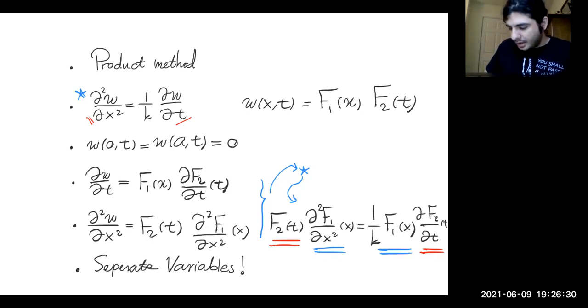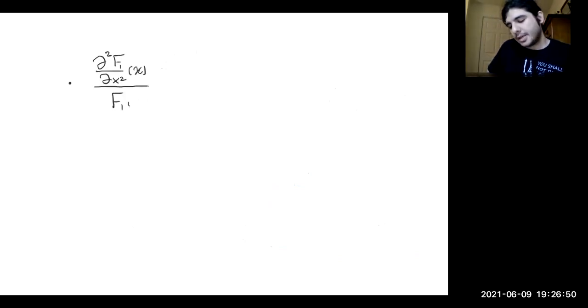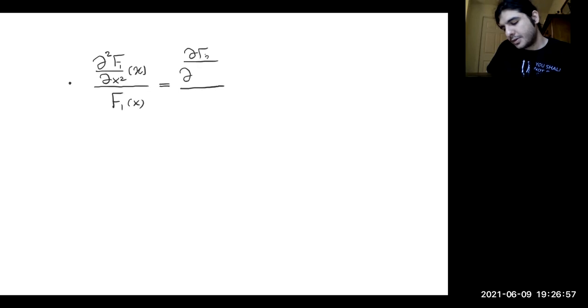equation. So we are going to divide everything by f1 times f2. If we do that, this would be the result. The second derivative of f1 with respect to x, which is a function of x, over f1 of x, of course equals the derivative of f2 with respect to t at some point t over f2 of t.